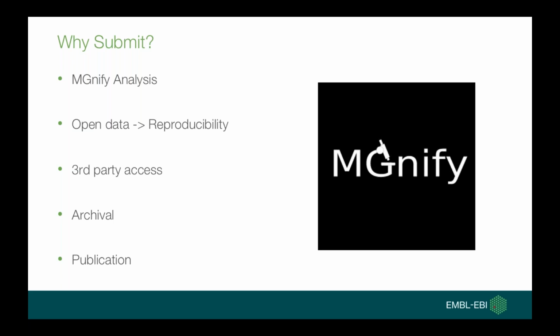And it can be a useful means of archiving your data. So storing sequence data can have some very big overheads, especially for smaller groups. So having it archived somewhere as secure as ENA is very useful for a lot of people.